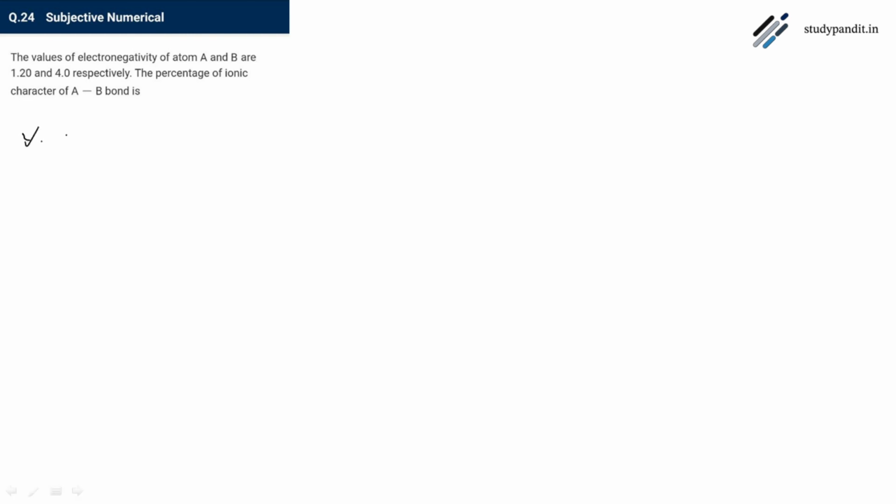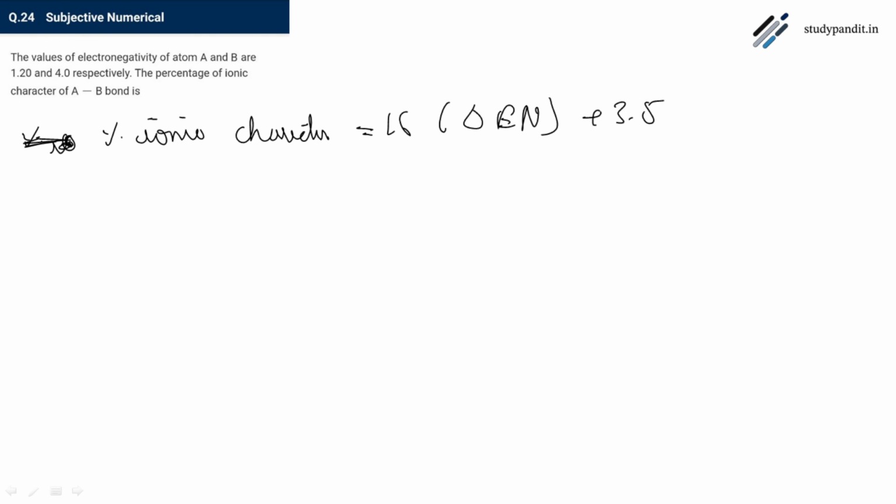That percentage ionic character is given by 16 times the difference in electronegativity plus 3.5 times the difference in electronegativity whole square.